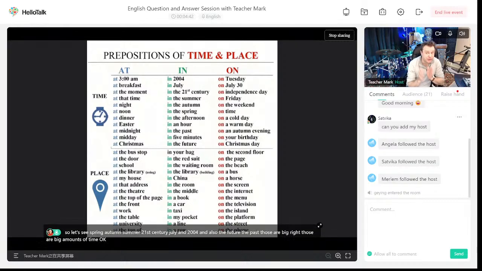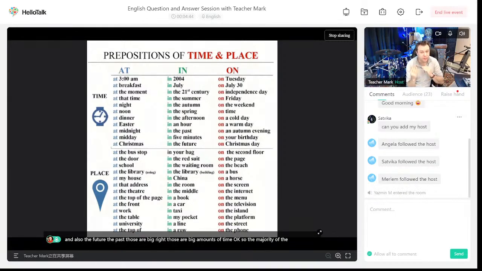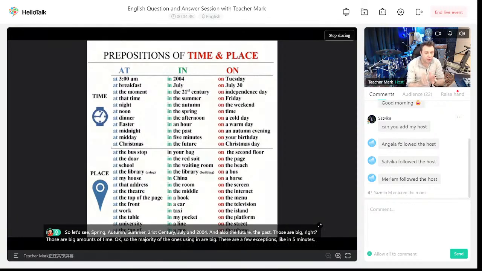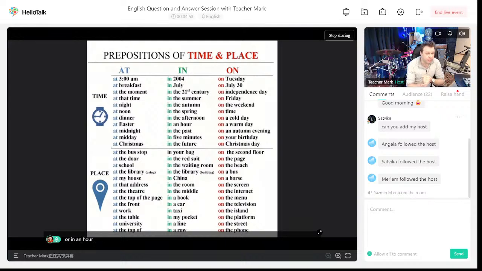So the majority of the ones using in are big. There are a few exceptions, like in 5 minutes, or in an hour, or in the afternoon, in the morning. That would be smaller, but it doesn't quite fit with the pattern of in. Again, there's the exception, right?